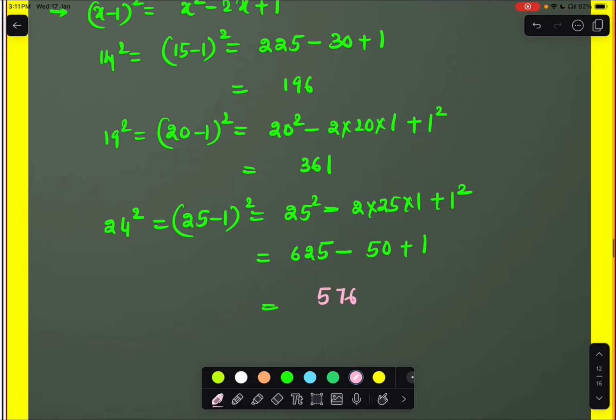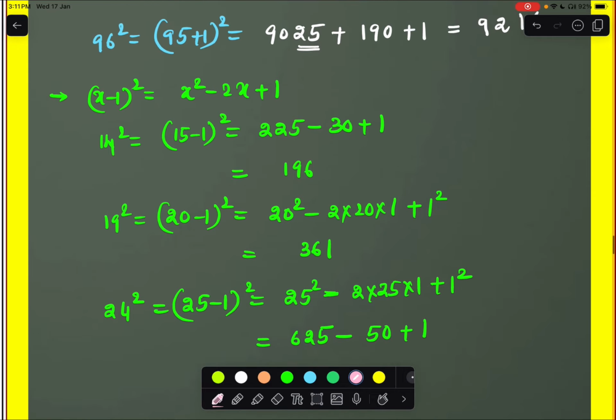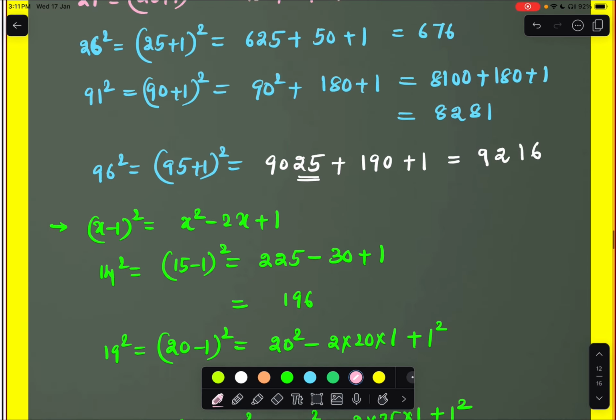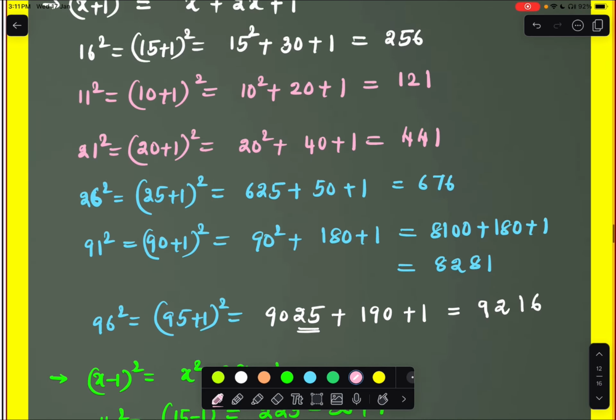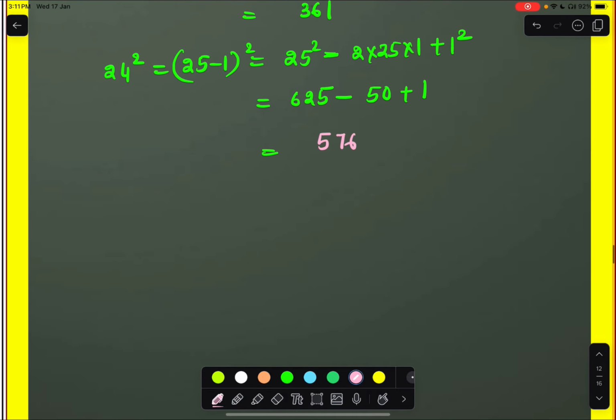In this way, squares of numbers ending with 1 or 9, 4 or 6 we can calculate very easily, which are nothing but x plus 1, x minus 1 type of squares. By using only a few squares, we are able to calculate many squares.